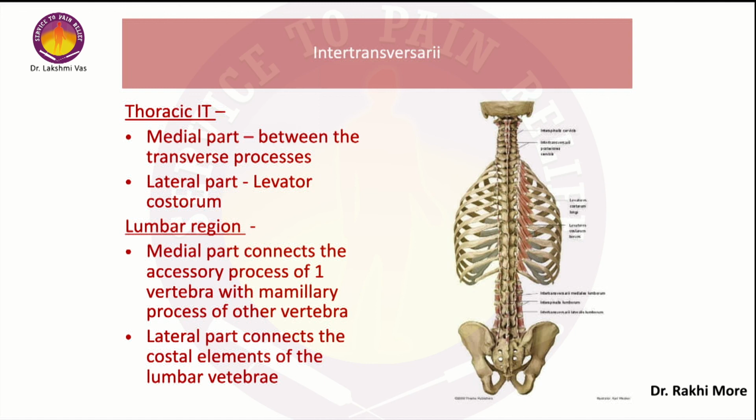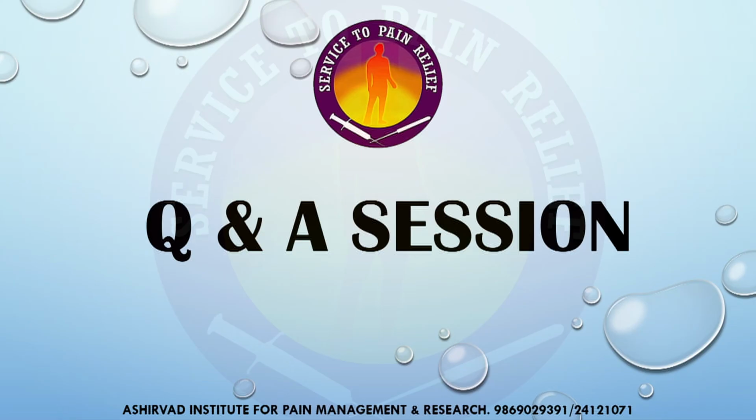Now, developmentally, in the thoracic region, just because the ribs are attached over there, the lateral part will be known as the levator costarum, while in the other regions, the rib element is not there. That is why we have the different parts of the intertransversi muscle.